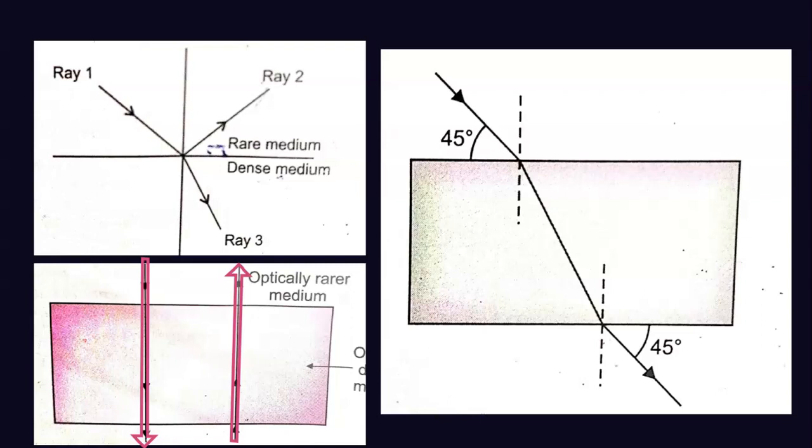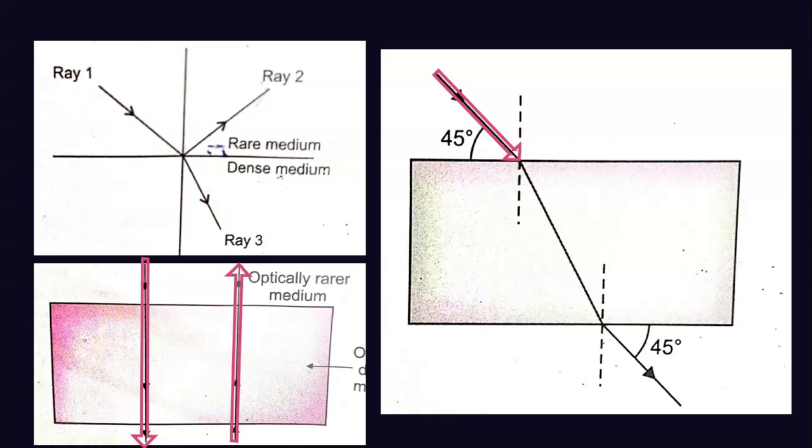If we consider another case, the ray of light is incident obliquely, as you can see in the diagram on the right hand side. This is known as oblique incidence. When it is going from rarer medium to denser medium, in this case from air to glass, air is a rarer medium because it is a gas.